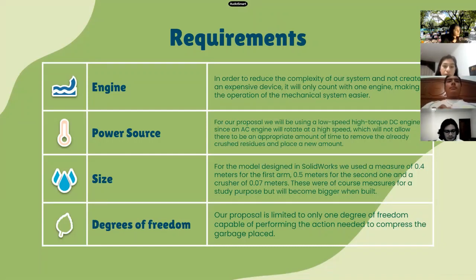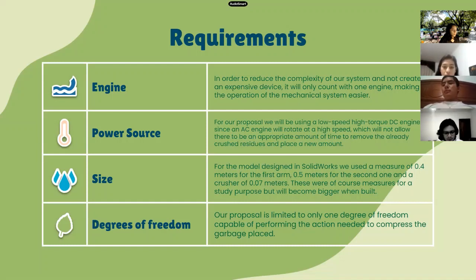Second, we have the power source. We will be using a low-speed, high-torque DC engine, since an AC engine will rotate at a high speed, which will not allow an appropriate amount of time to remove the already crushed residues and place a new amount. Third, the size: in SolidWorks, we use a measure of 0.4 meters for the first link.